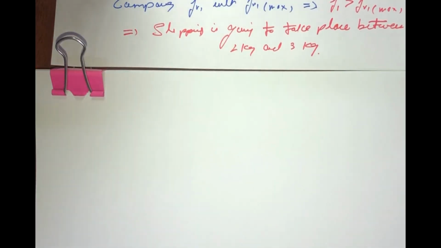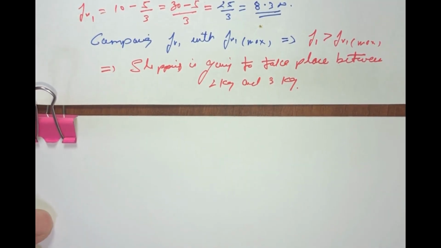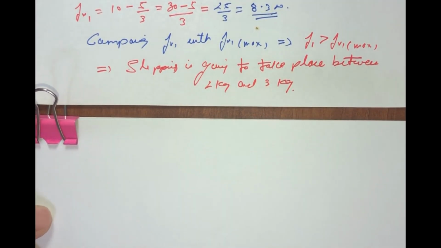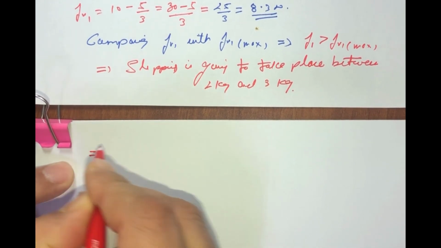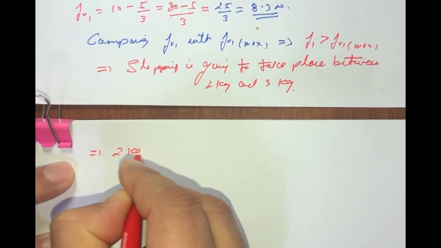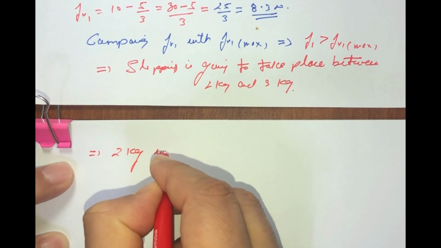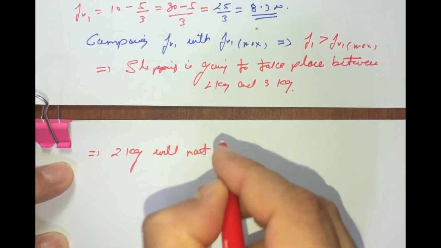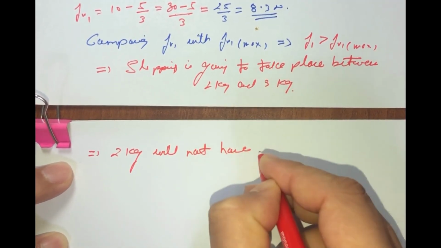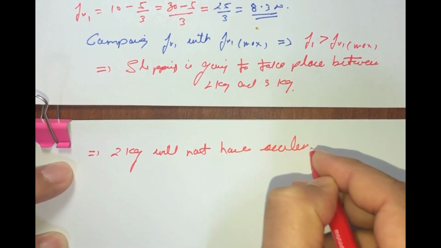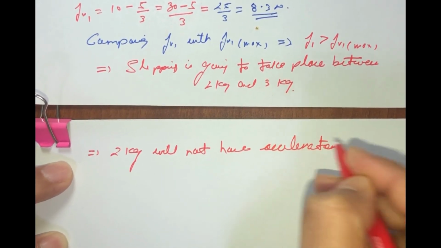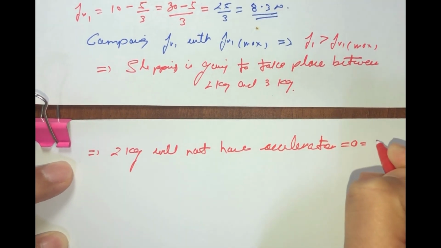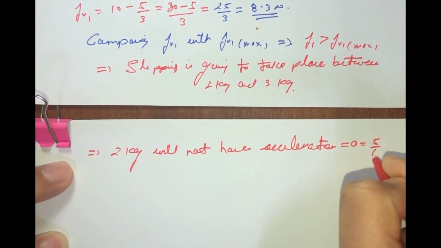So if slipping is going to take place between 2 and 3 kg, it is clearly understood that they won't be traveling with the same acceleration, or rather we can say 2 kg will not be moving with acceleration 5/6.